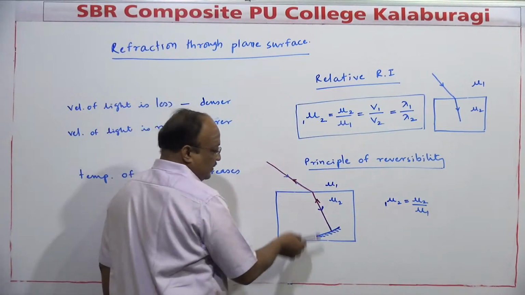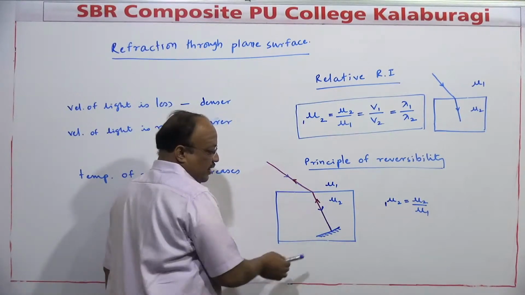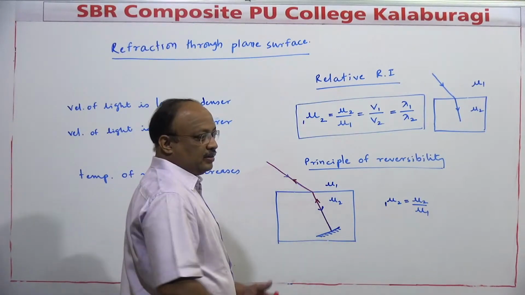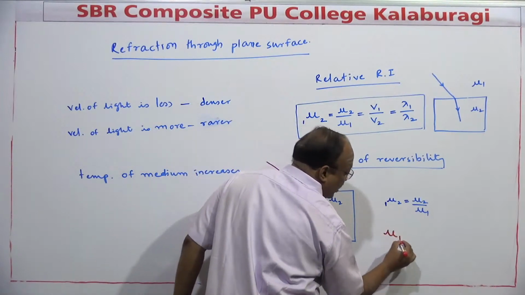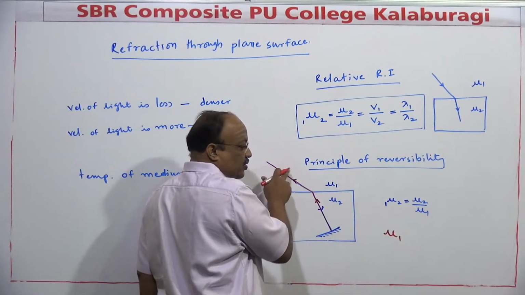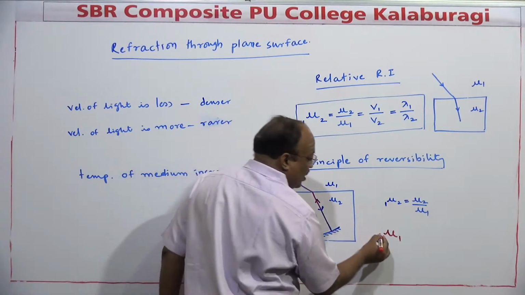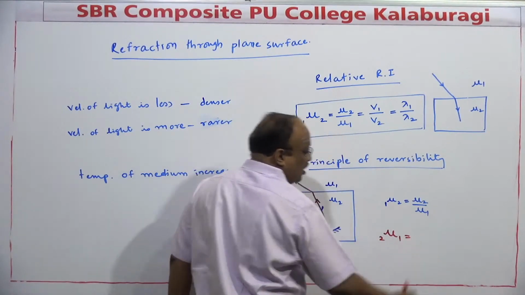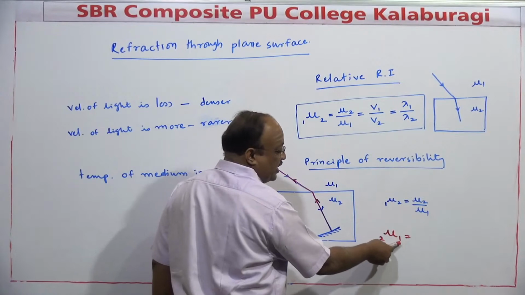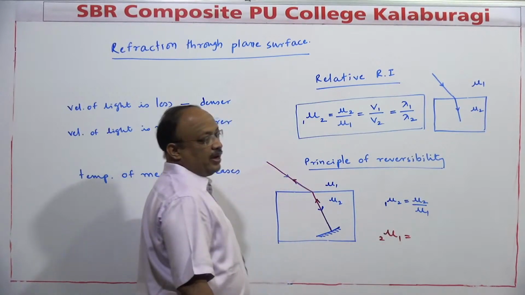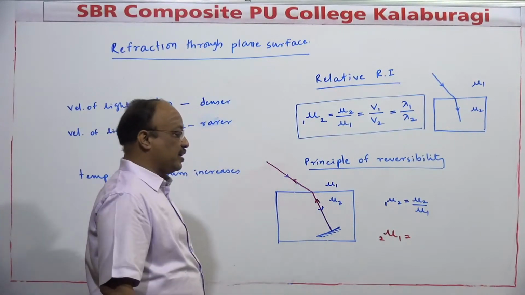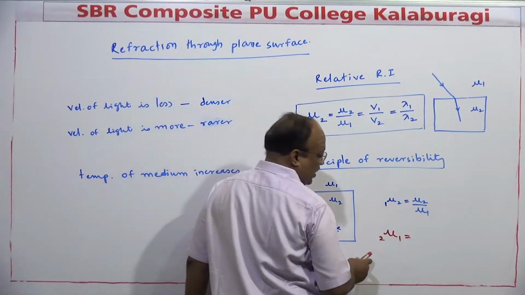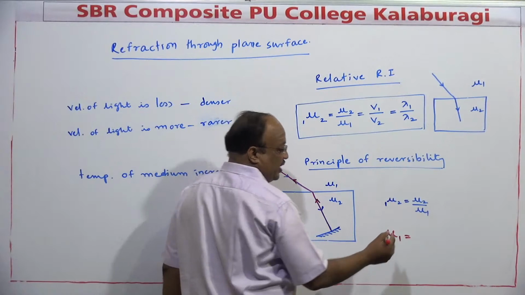Now for the red ray which is reversing back, going into the first medium, we need the refractive index of the first medium with respect to the second medium.